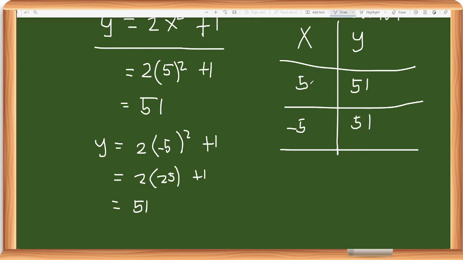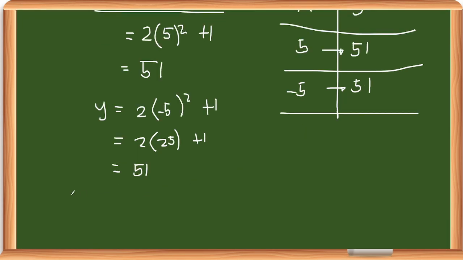It means for every input, there is only one output. It so happened that the output of 5 and negative 5 is the same, 51.